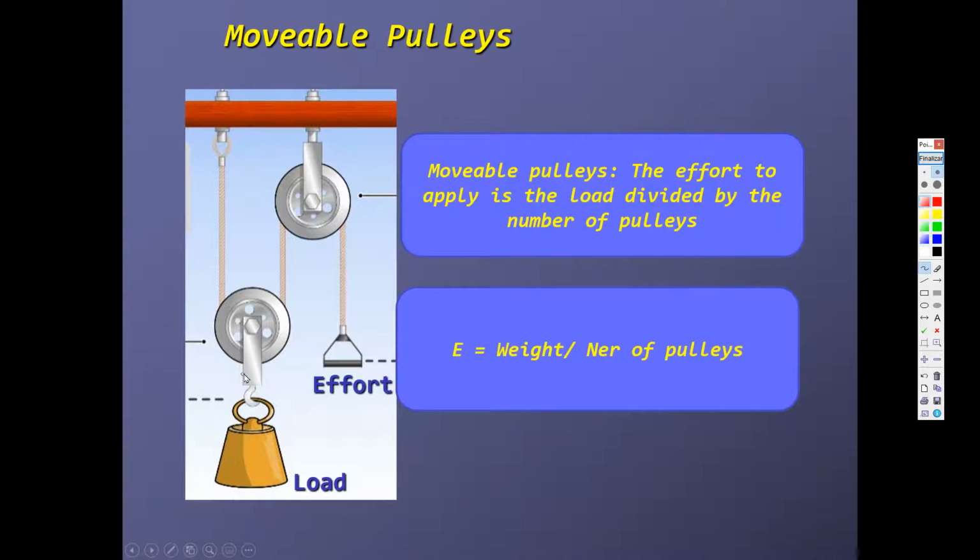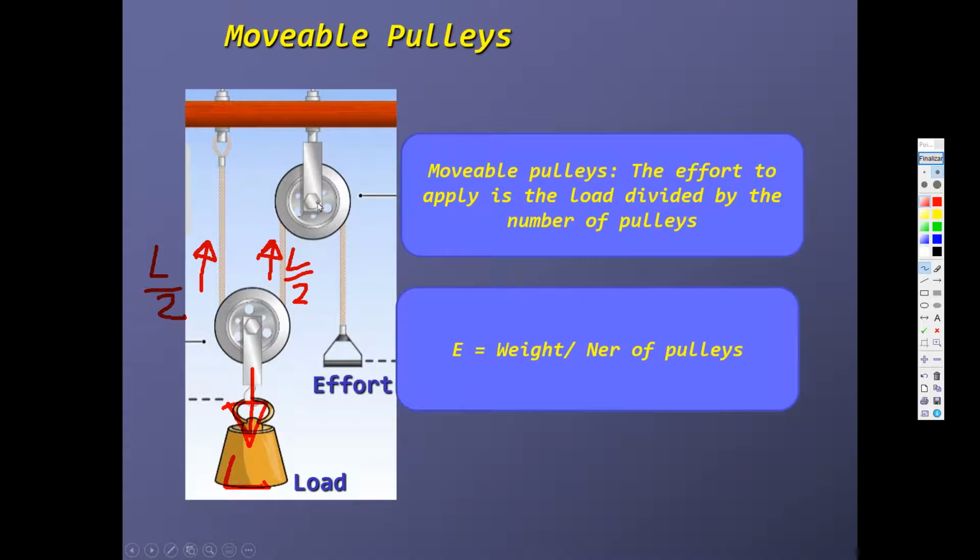So you have a load here, and you divide this weight into these two rows. So you have half the load in this rope and half the load in this rope. For example, you have 20 kilos here, you have 10 kilos here and 10 kilos here. So this is analyzing this normal pulley.